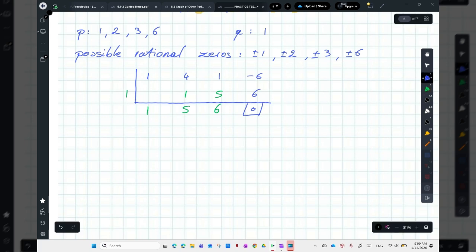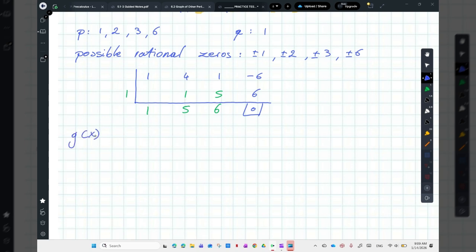So I can directly conclude that g of x equals f of x is equivalent to x minus 1 times x squared plus 5x plus 6 equals 0.